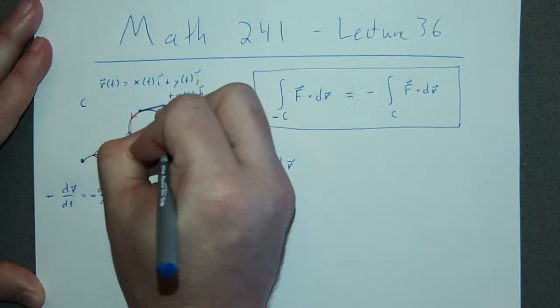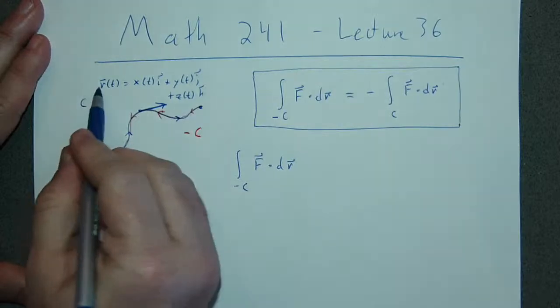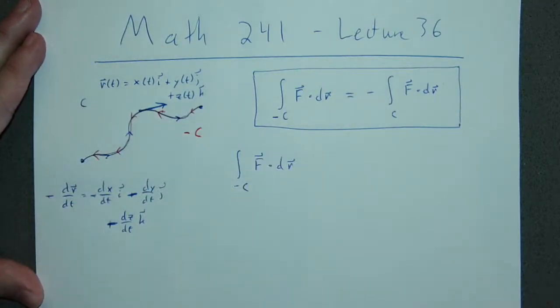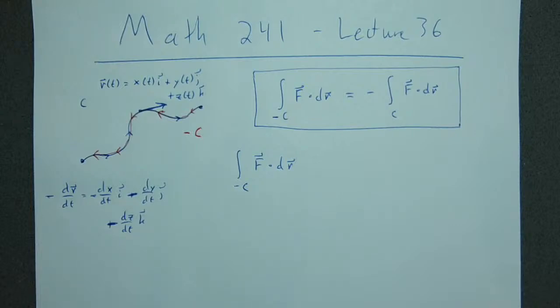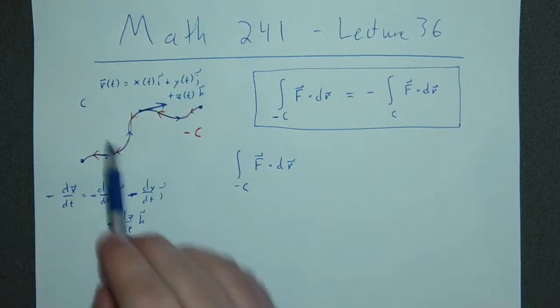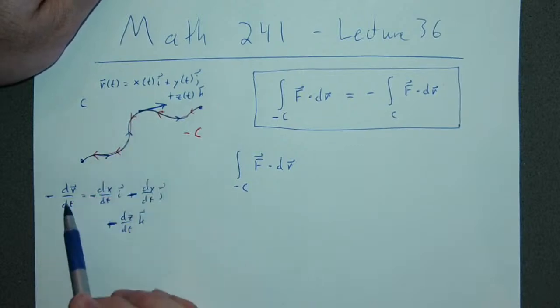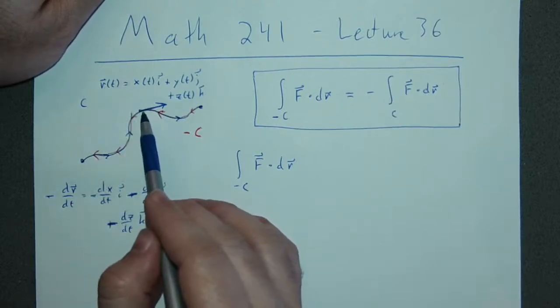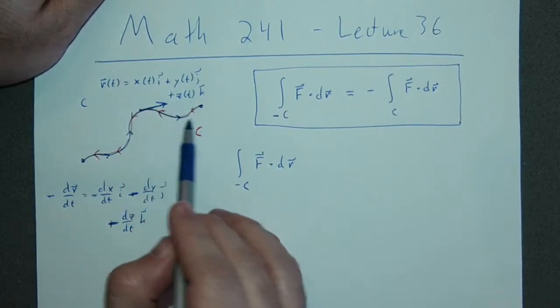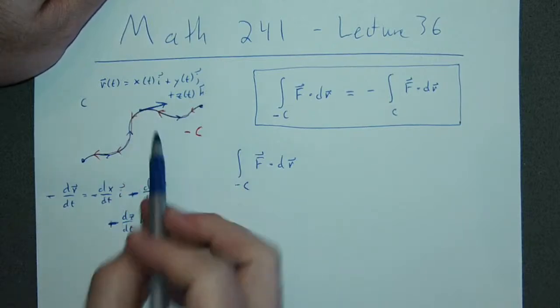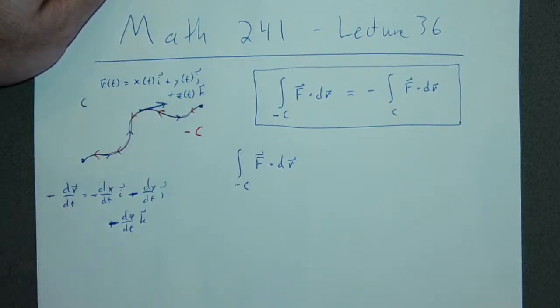And so for the curve C, if we have parameterization r, when we compute the quantity dr/dt, here we're not necessarily talking about the unit tangent vector. We're just happy to talk about any tangent vector. And so any tangent vector computed as dr/dt in this way is going to point in this direction indicated here. It's going to point like this. And so to take the opposite orientation, I'm just taking minus dr/dt everywhere.